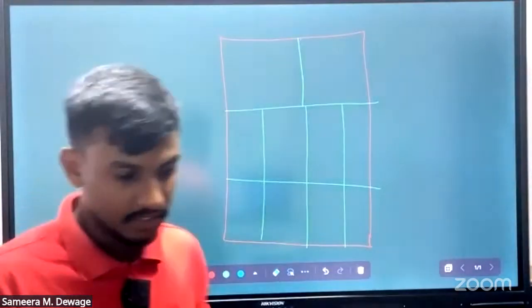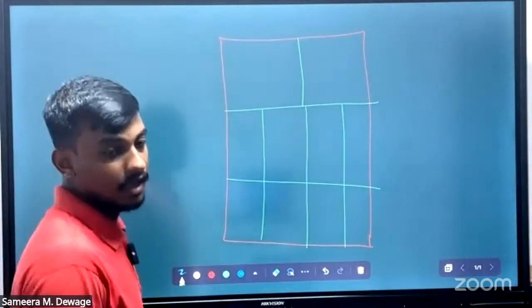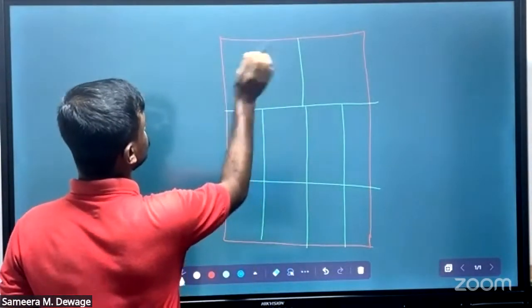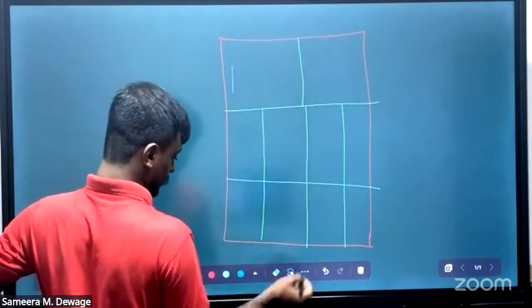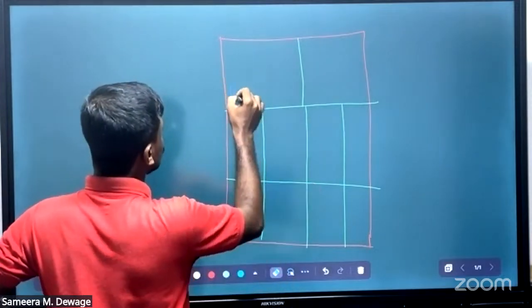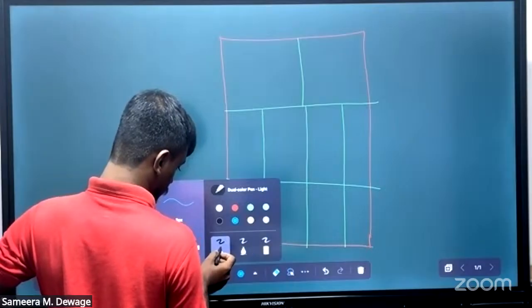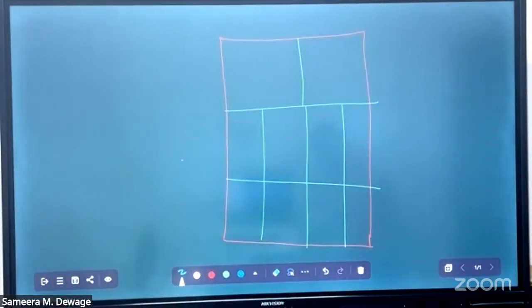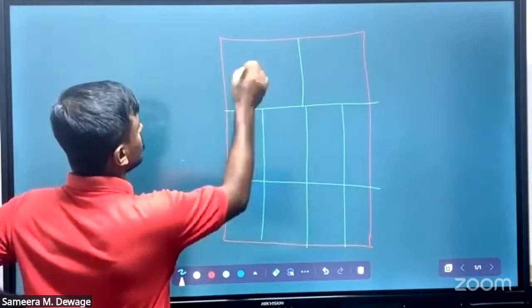Okay, right. So then you need to draw that square staircase part like this.